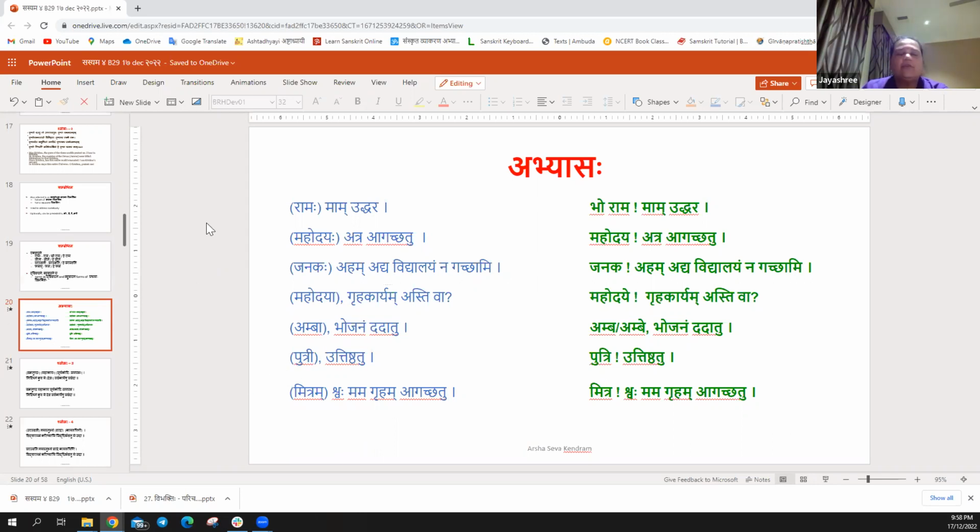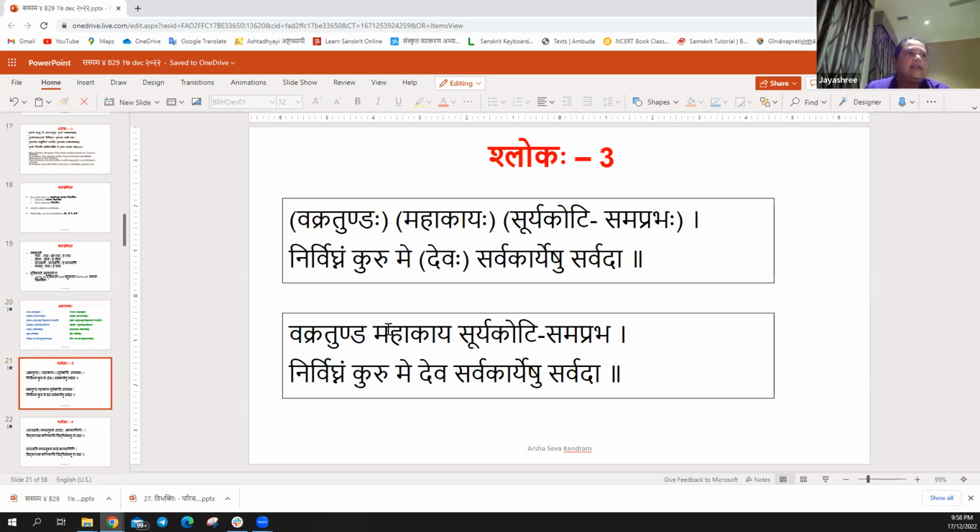All right. So we know now what Sambodhana is. Next time, I have a shloka here. Vakratunda Mahakaya Suryakoti Samaprabha Nirvignam Kurume Deva Sarvakareshu Sarvada. We usually say this prayer every time before doing anything.